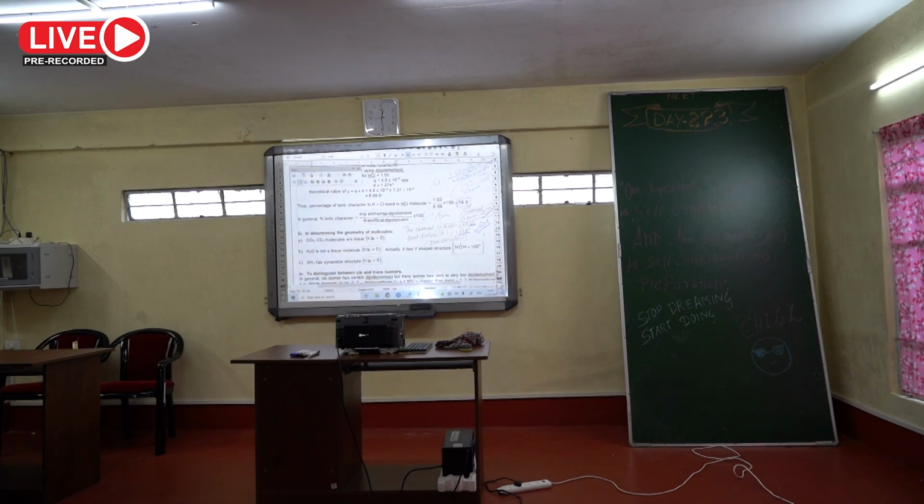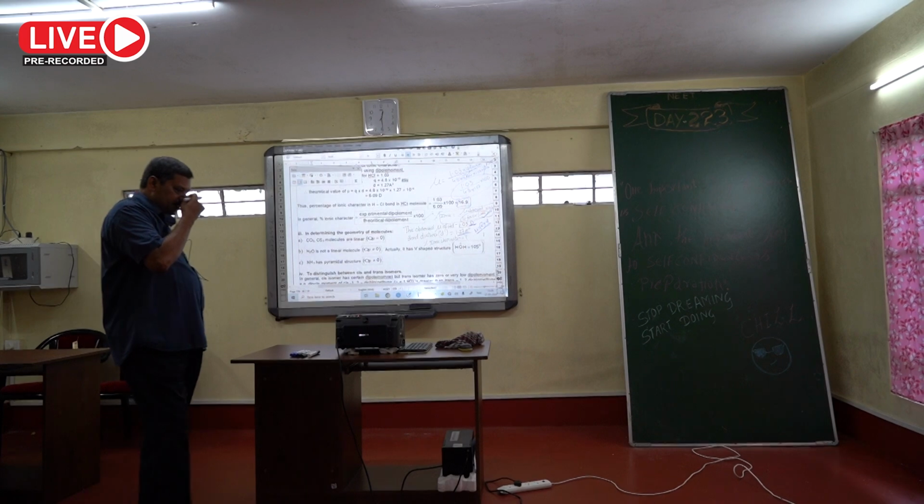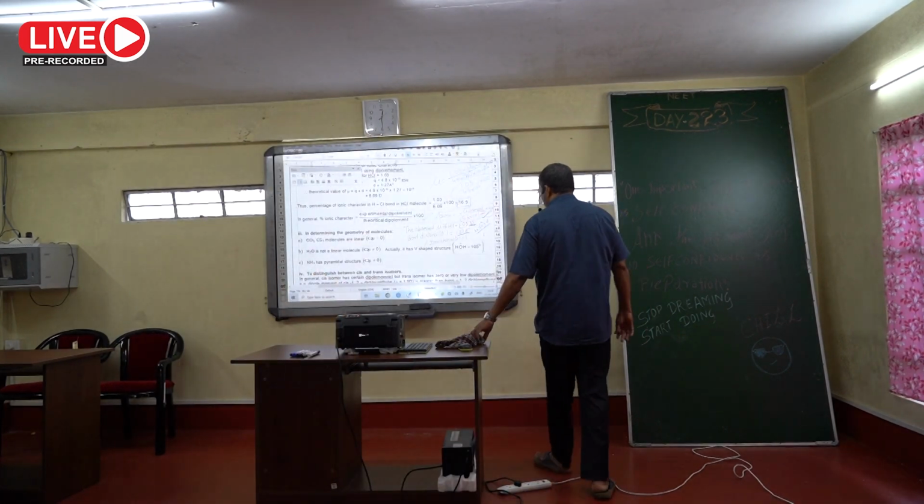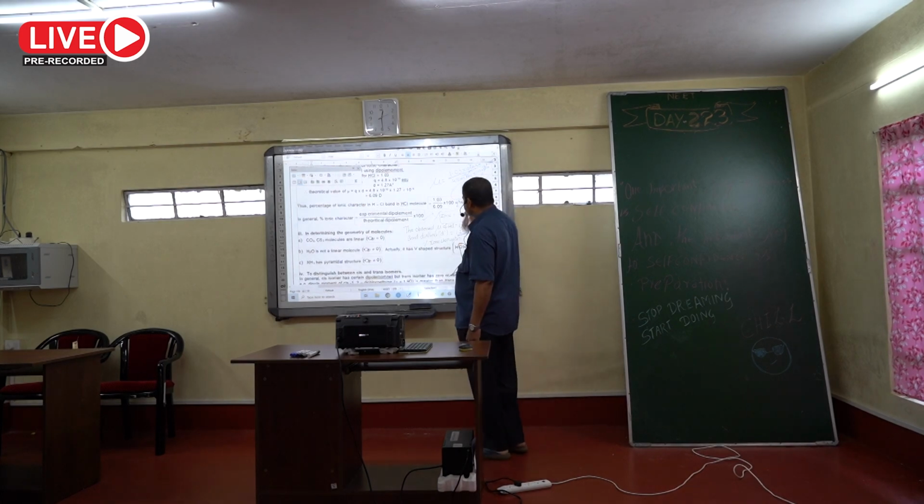To get 100% ionic character, you have to take one full unit charge, that is 4.8 into 10 power minus 10, into the bond distance 1.27 angstroms into 10 power minus 8 centimeters. So on simplifying, you are getting the percentage ionic character of HCl as 16.9.